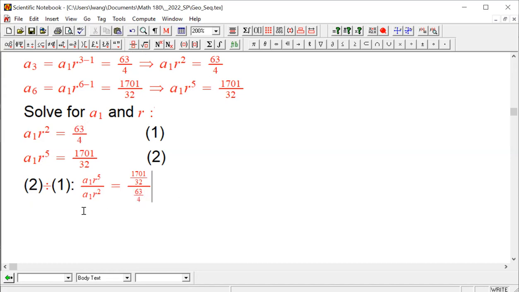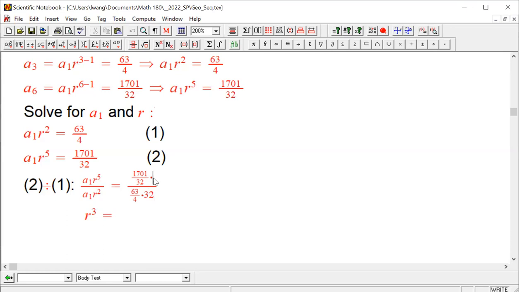Left divided by left, right divided by right, in the same order. So on the left-hand side, a sub 1 is reduced, and r to the power 5 over r to the power 2 is r raised to the power 3, equals to, we're going to reduce this fraction by multiplying the top and bottom by 32.